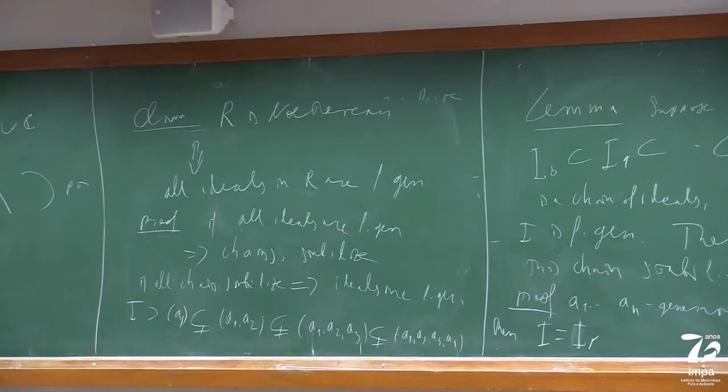Okay, so this was actually what Hilbert proved. He was not that interested in chains of ideals, but in the existence of a basis of generators. The Hilbert basis theorem is precisely the existence of generators of an ideal.